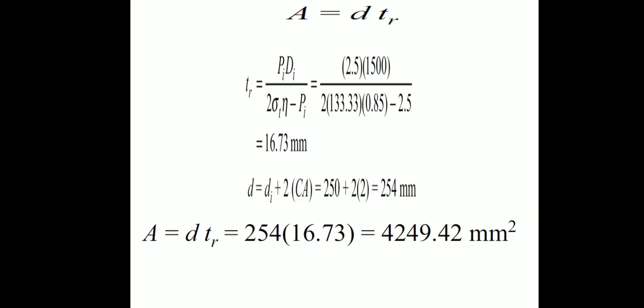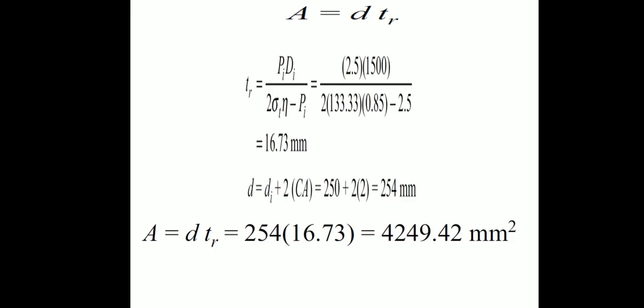Let us first calculate the area that is removed. It is given by A equal to D into TR, and D, the diameter of the nozzle, can be calculated as inner diameter of nozzle Di plus 2 times corrosion allowance, which is equal to 254 mm.